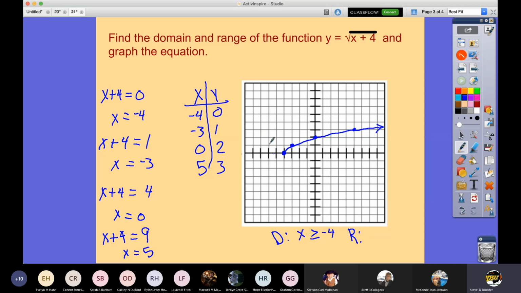Range is always, what are the y values that are going to work? Nothing down here works, nothing shows up. It's going to start at 0, and as x gets bigger, so does y. So we're going to say y is greater than or equal to 0. And that would be our domain and range for this equation here.